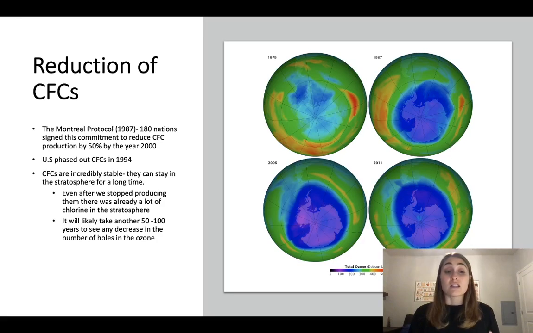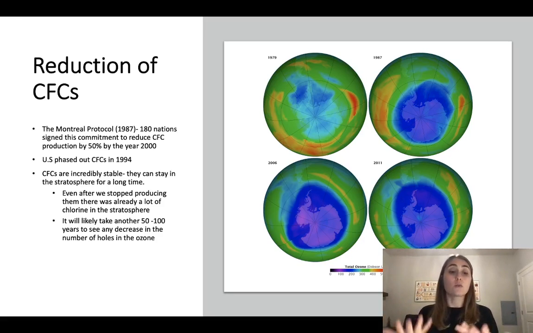CFCs are incredibly stable, and they stay in the stratosphere for very long periods of time, like I said, anywhere from 50 to 100 years. So even after we phased CFCs out by 1994, the amount of CFCs in the atmosphere remained relatively stable, at least here in the United States. And also remember, air moves around.